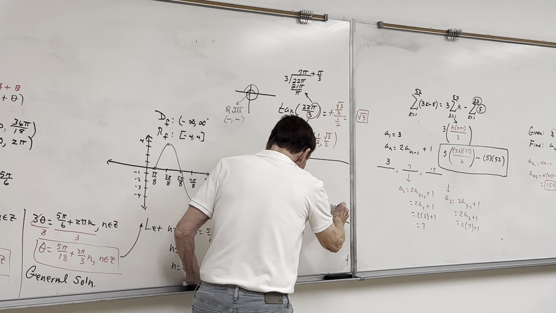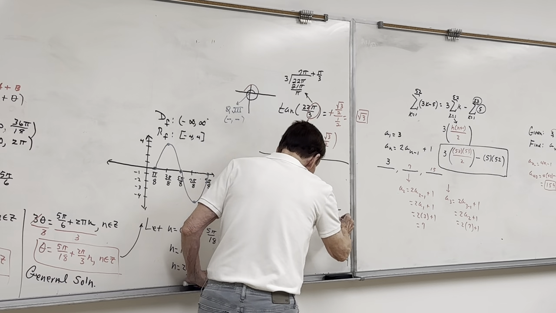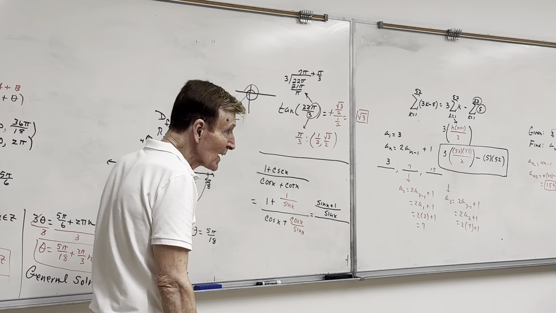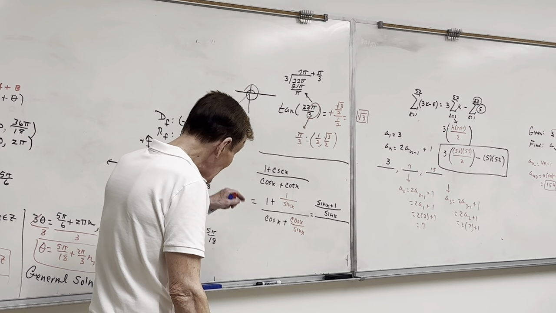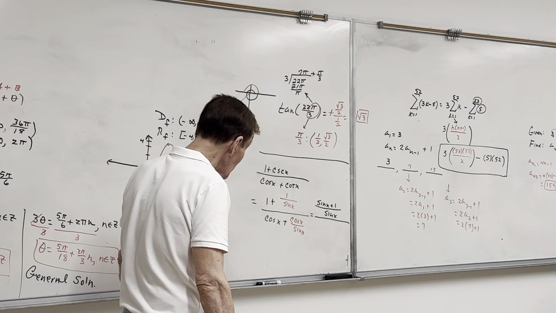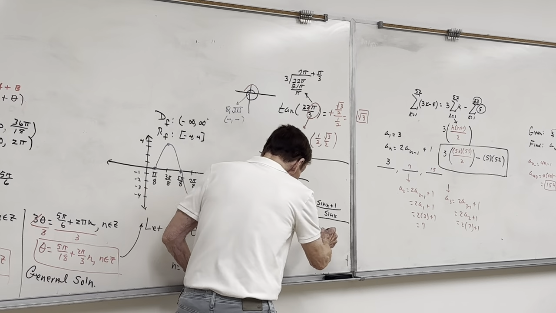Sine x plus 1 over sine x. I combine the two on top with a common denominator. Downstairs, I'm going to put those two together with a common denominator of sine x. That's going to look a little strange.